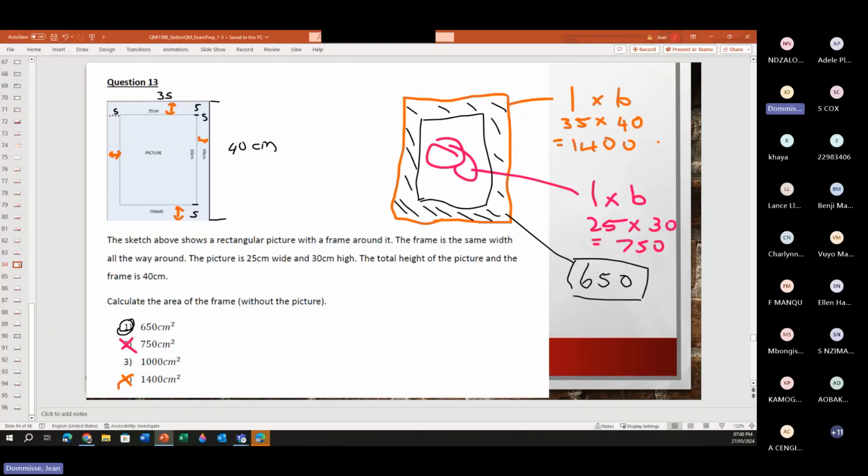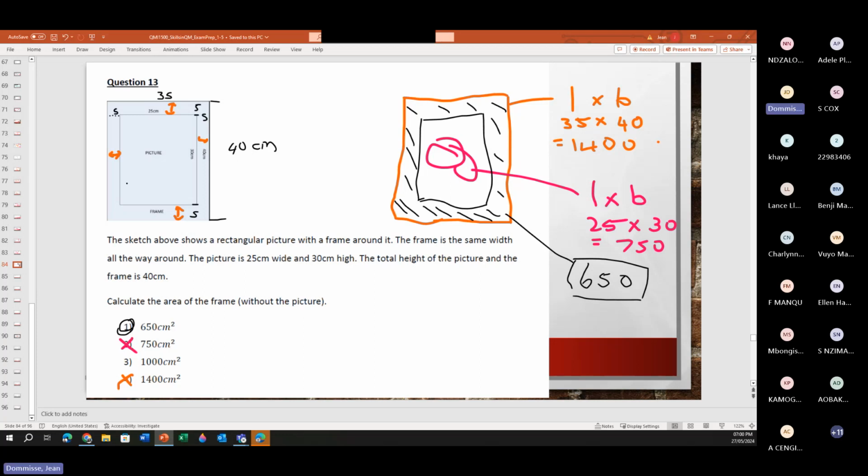Okay, so a bit different type of question, where they could have also just said, like they do normally, color that frame in and work out the area of the colored in area.